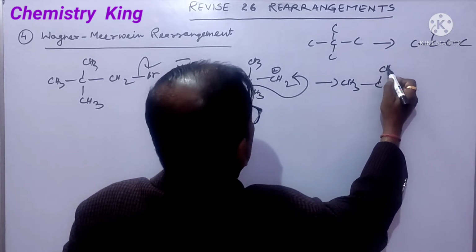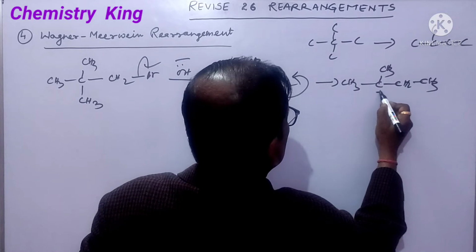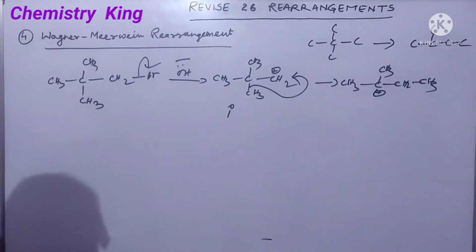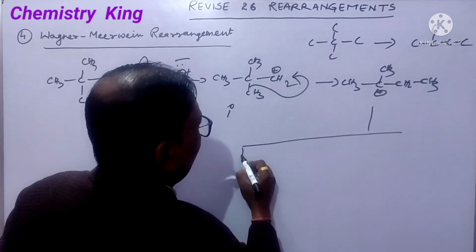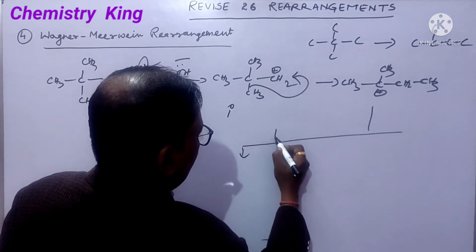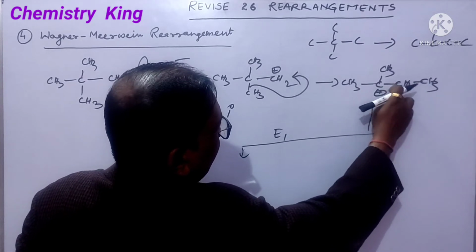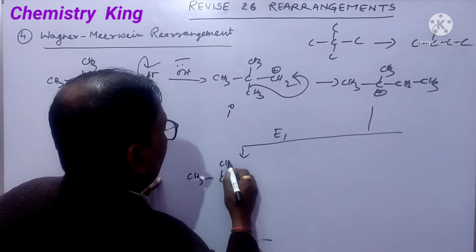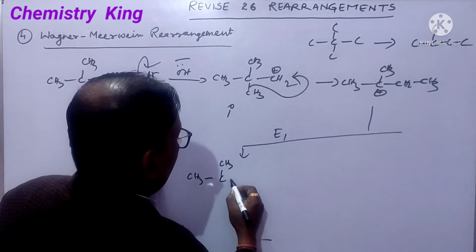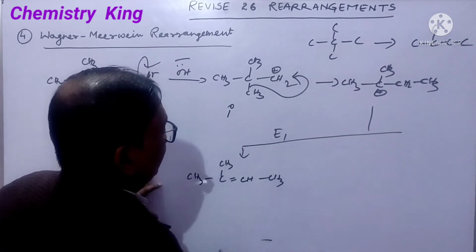CH3, CH3, CH2, CH3. It is a 3 degree carbocation. Now here there are two possibilities. First one is E1 reaction, double bond, this hydrogen will be eliminated and you will get CH3, CH3, double bond, CH, CH3.